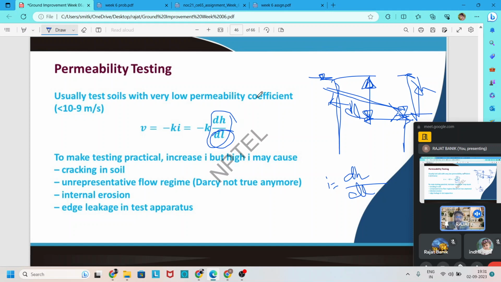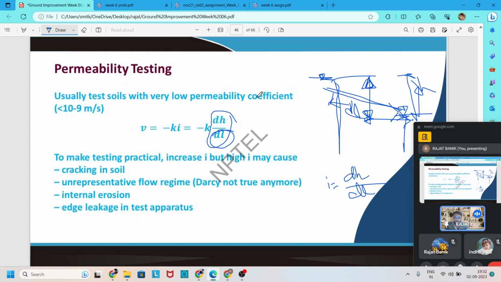But for testing purposes, we need a high hydraulic gradient, and there are some problems with using a high hydraulic gradient. The problems are cracking in the soil or unrepresentative flow regime. That means Darcy's law is not valid here. Internal erosion may happen, or edge leakage in the test apparatus. Cracking of soil means that if a high hydraulic gradient is present, cracks may develop due to the flow of water.